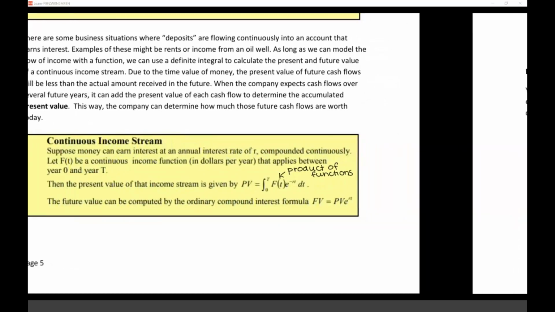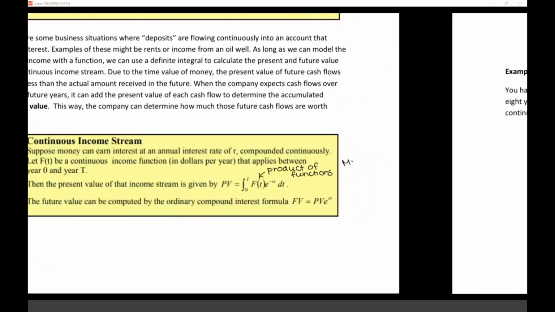So I'm just going to make a note here. May need substitution or integration by parts.